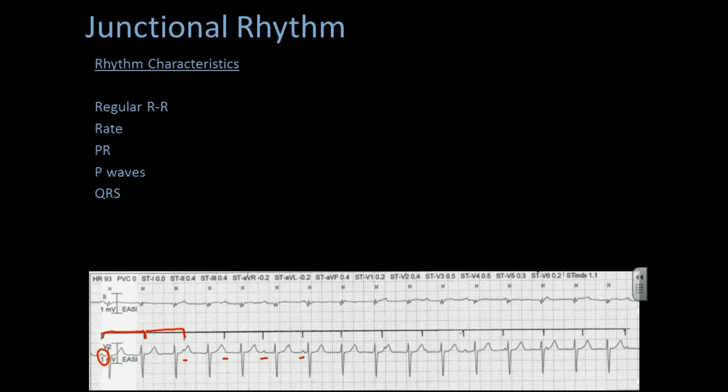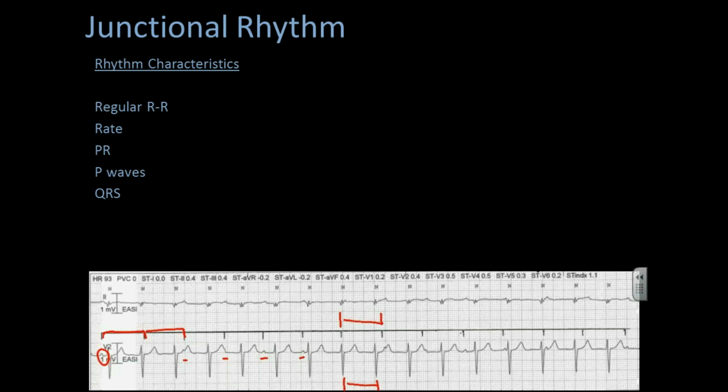Now, what I'm looking at here is the atrial rate here and the ventricular rate here. And you can see that the atrial rate is actually slower than the ventricular rate. Now the ventricular rate, or the QRS, is reasonably narrow, and it's outpacing the atrial rate.